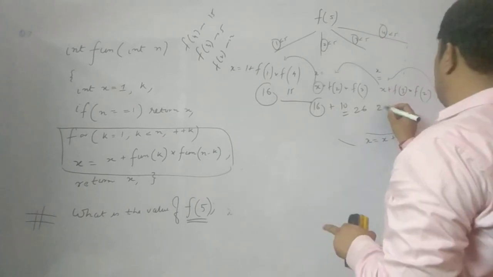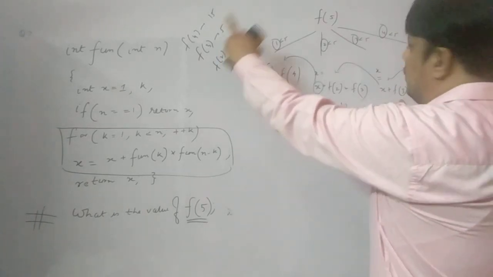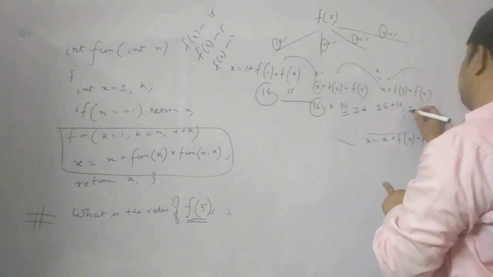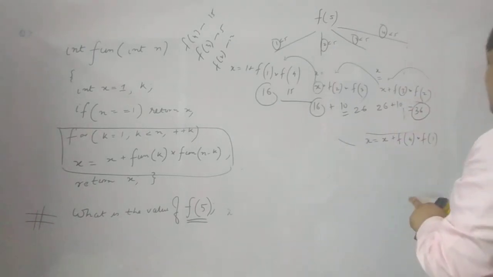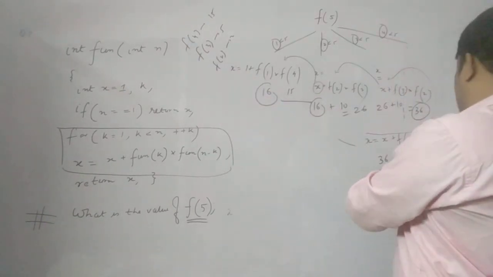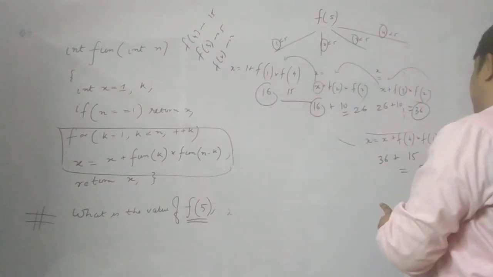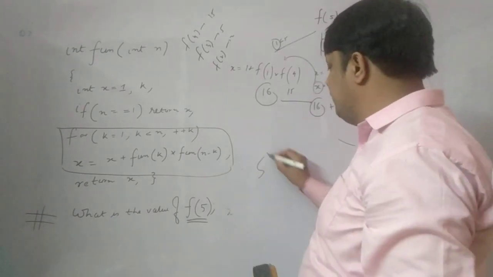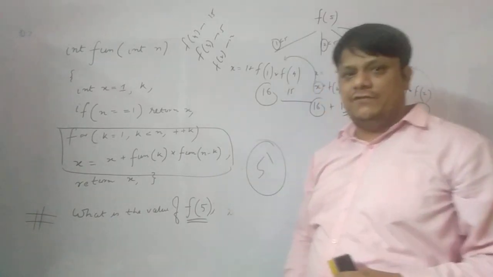Then for this, 26 plus f3 returns what? 5. f2 returns 2. 26 plus 10 is 36. Now 36 plus f4 returns what? 15. 36 plus 15 is 51, and that final value is going to be returned to your function f5. Therefore the value of f5 is 51.